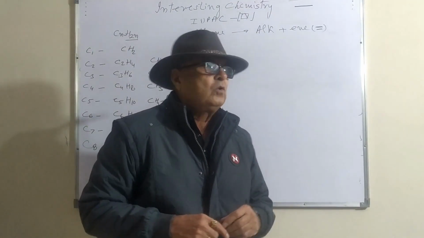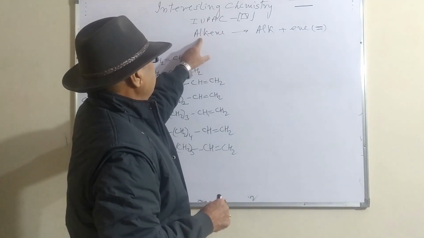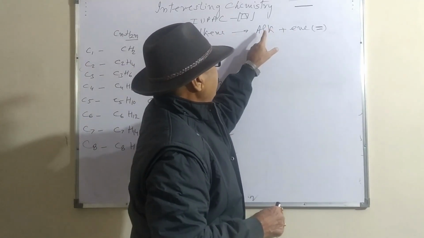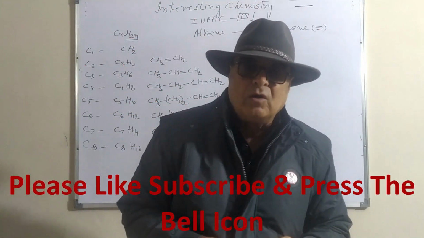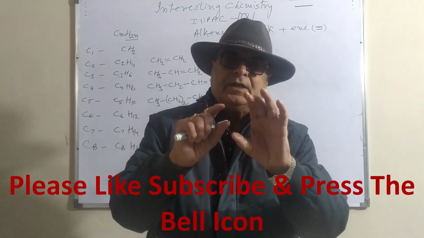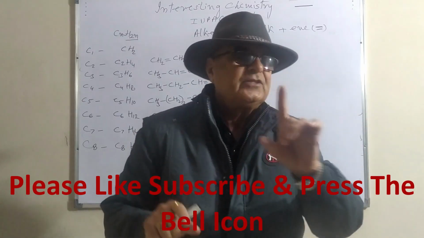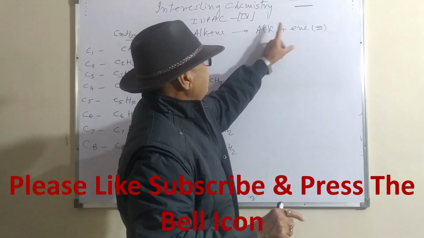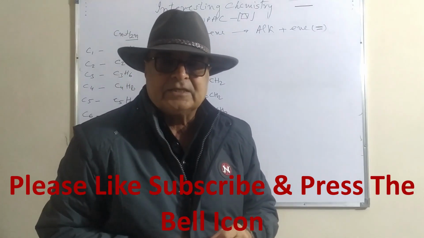As you know, the name of an alkene is the root name plus "ene". If you find a double bond in the carbon chain, the "ane" is replaced with the suffix "ene", and the name of the hydrocarbon will be alkene.